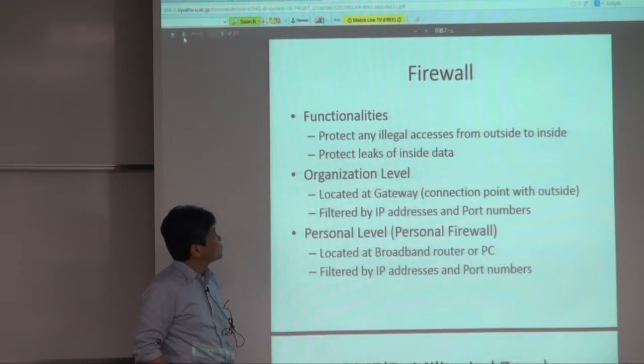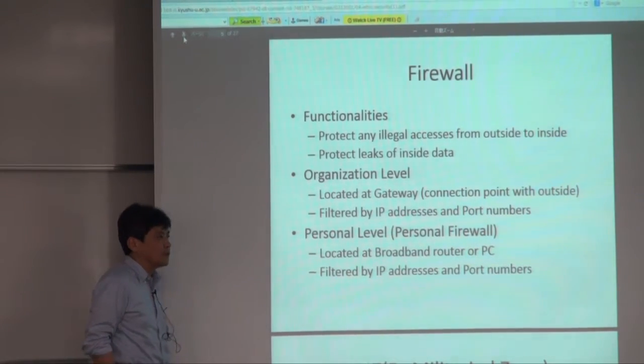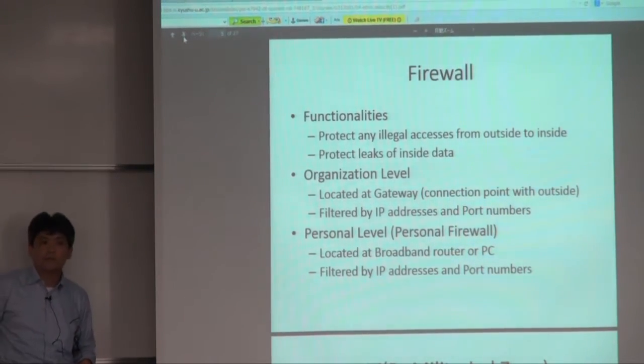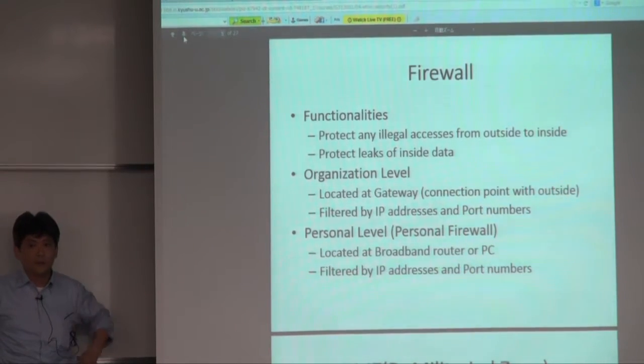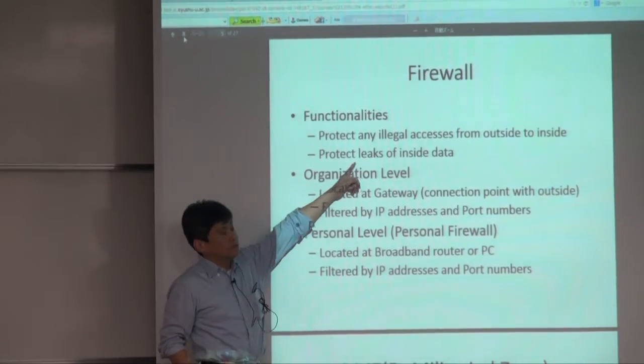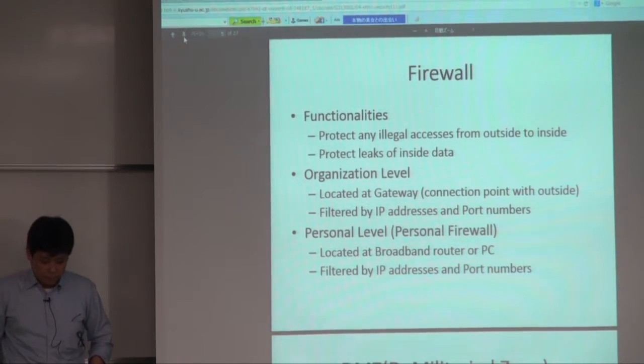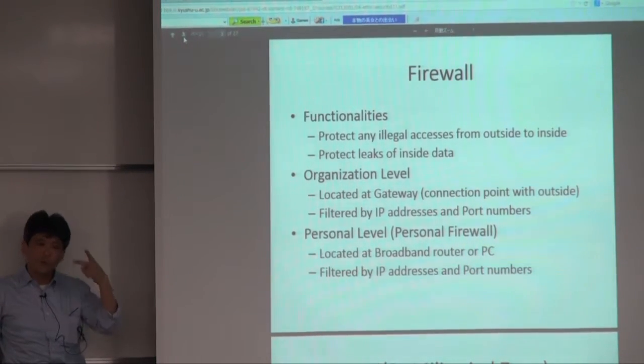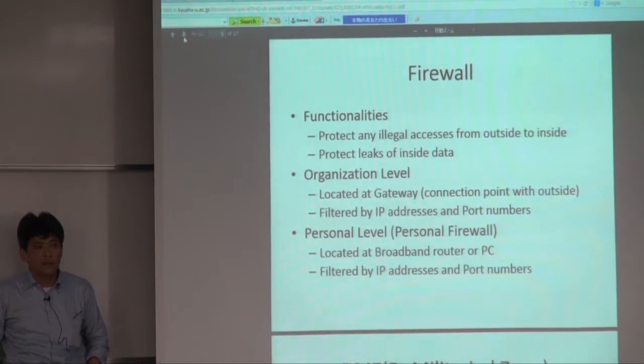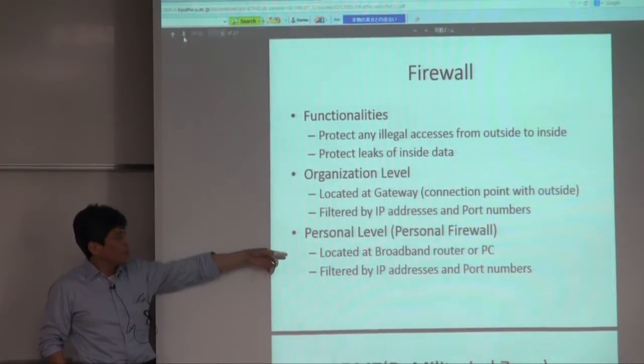And if a bad person can access any server illegally through a security hole, any important information can also be leaked. Okay, and there are several levels, mainly two levels, according to the firewall location: the organization level and the personal level.